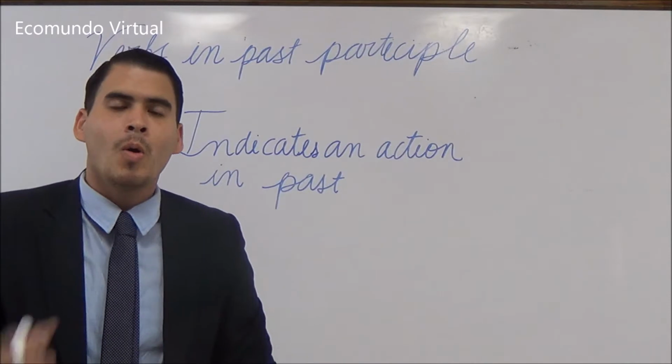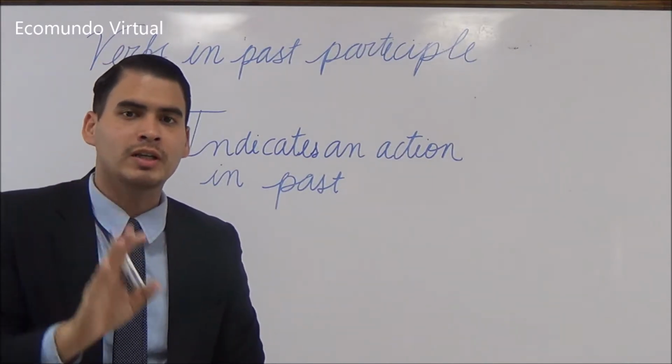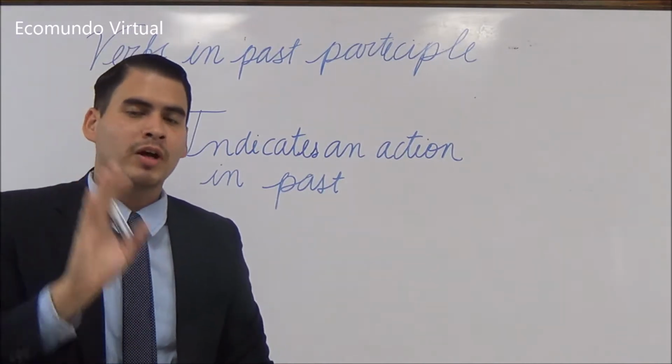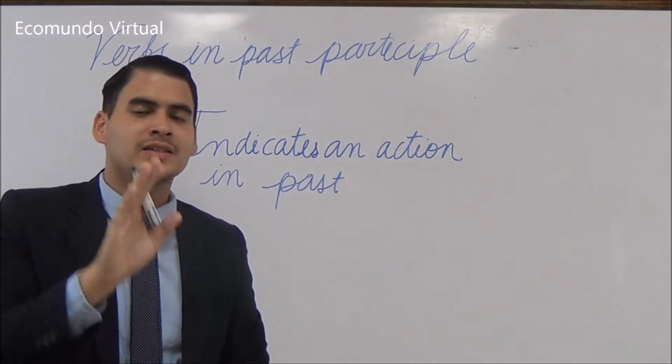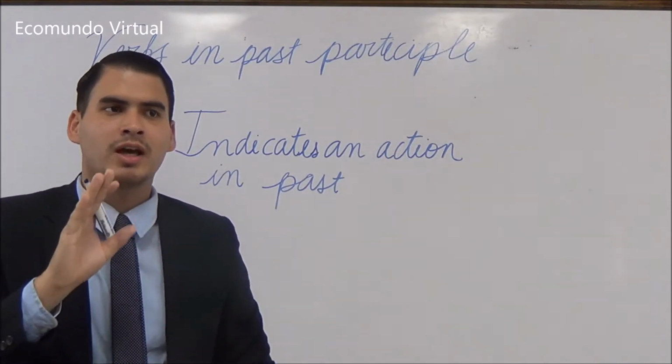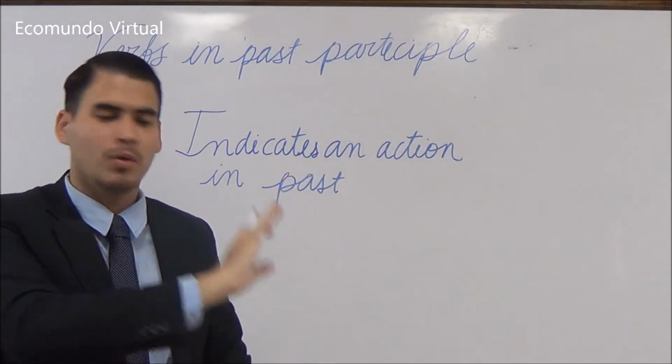That's obvious. But what is the difference between simple past and past participle? Well, the difference is that in simple past, when the action is completed, the action dies in the past.